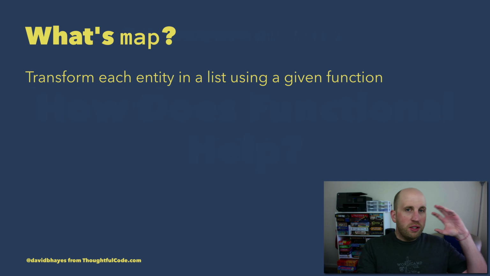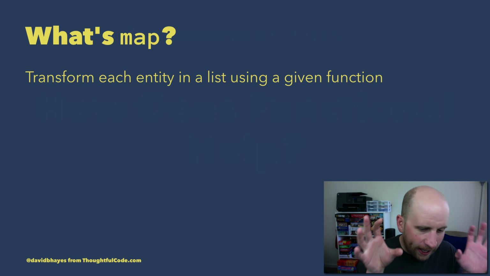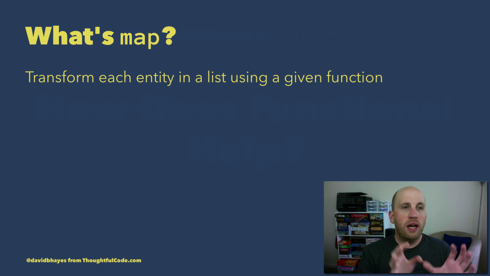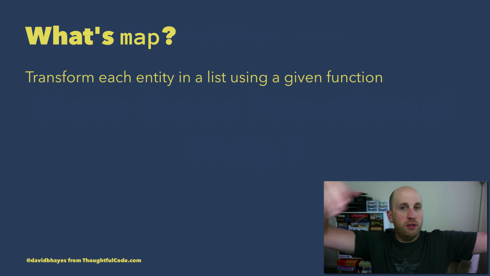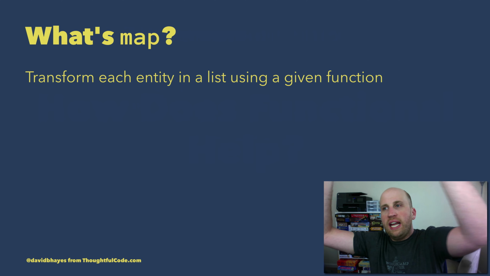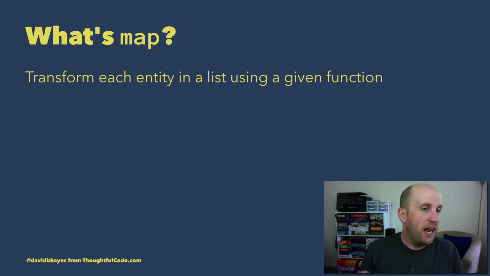So to understand this, we have to understand what I think of as the two fundamental parts of functional programming in PHP. And they are a concept called map and a concept called filter. These are high-level functional programming concepts that you will see in Haskell and in Elm and in Scala and in Clojure and in JavaScript and everything else that has the ability to write functional paradigm-based code.